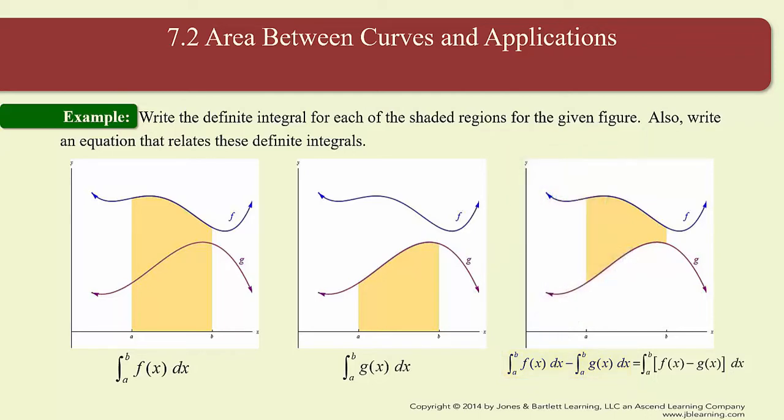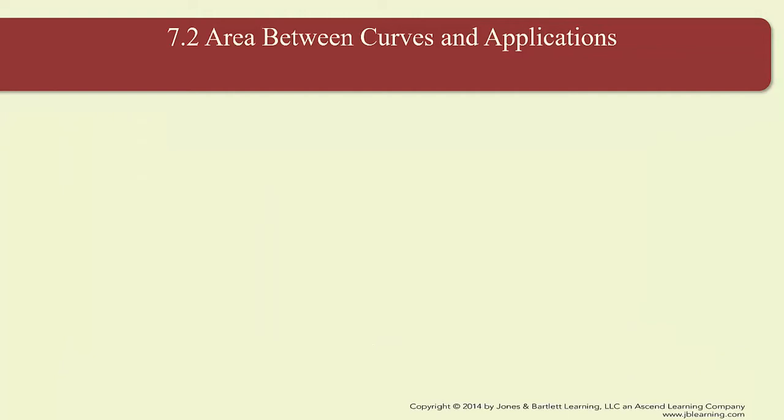So subtract those two areas, and we could write that as one definite integral using a property of integrals that define the area of the region that's between the graphs of f and g. We'd integrate from a to b f of x minus g of x dx. So that's how we find the area between two curves.